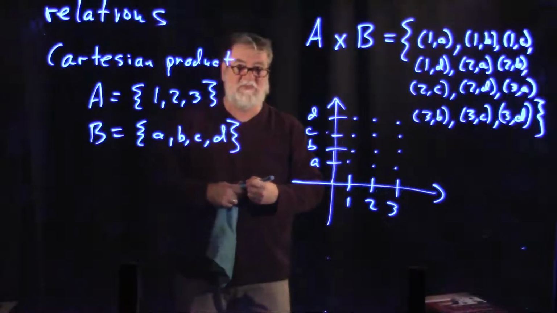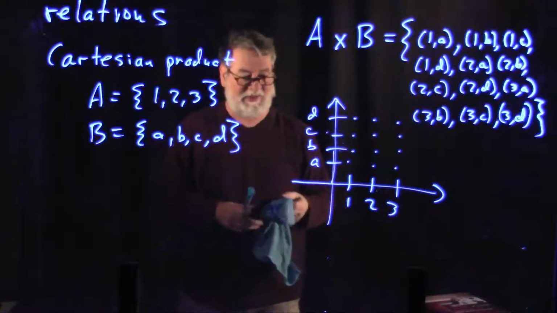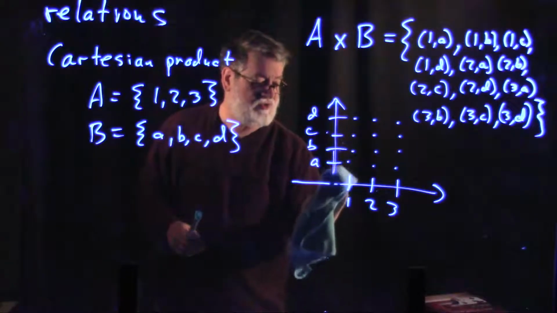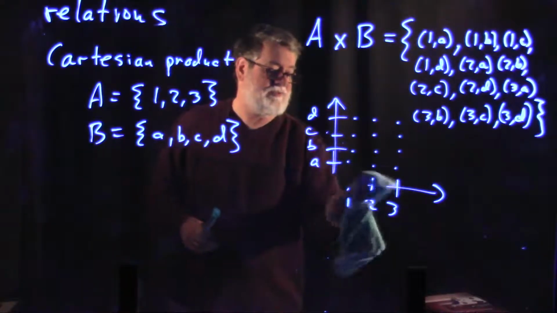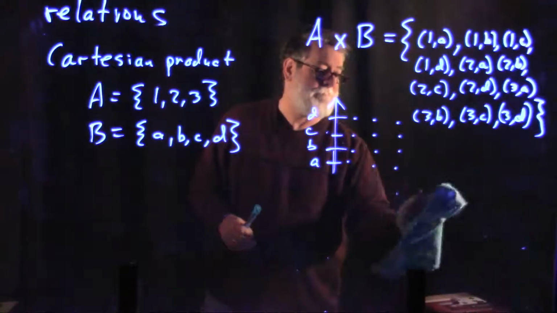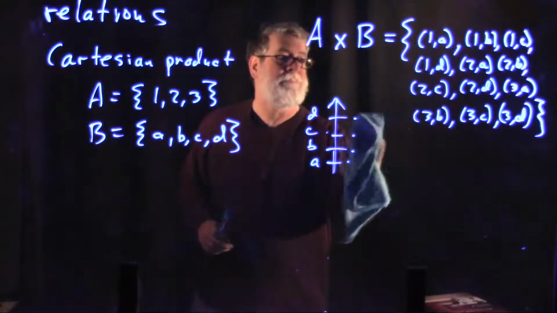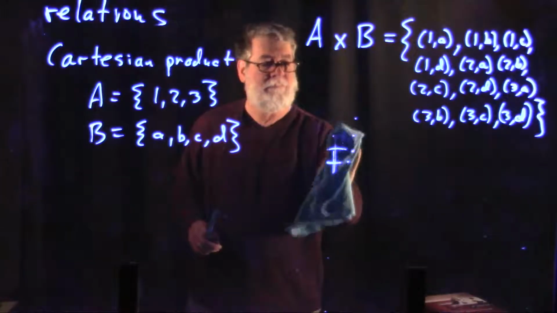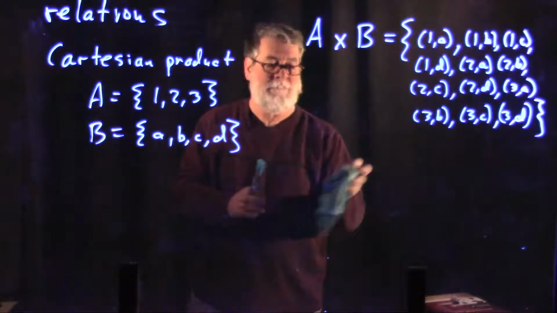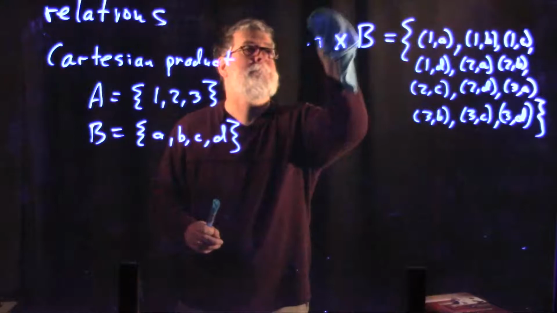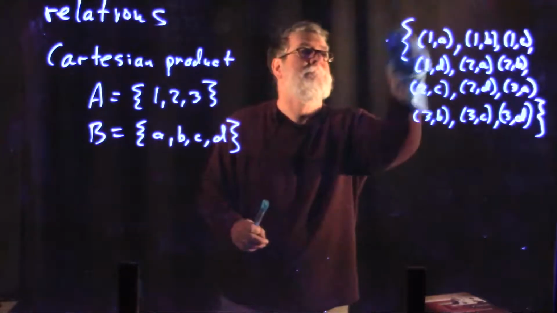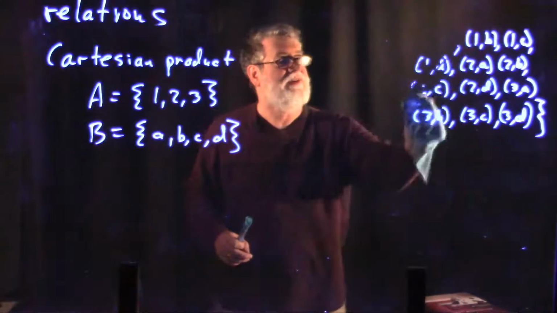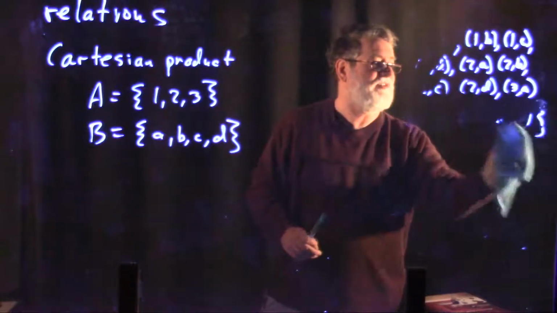This is called the Cartesian product, and it's useful for a lot of different things. But one of the things it's useful for is in defining relations. Okay, so let me erase all this, and I will tell you the definition of a relation.